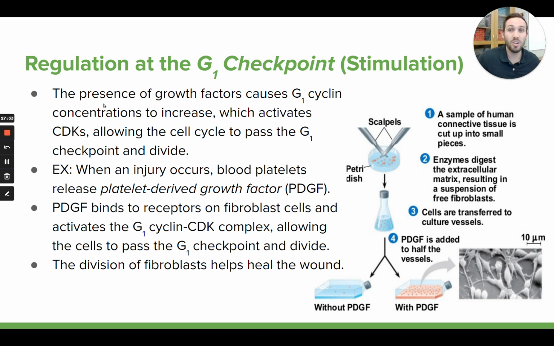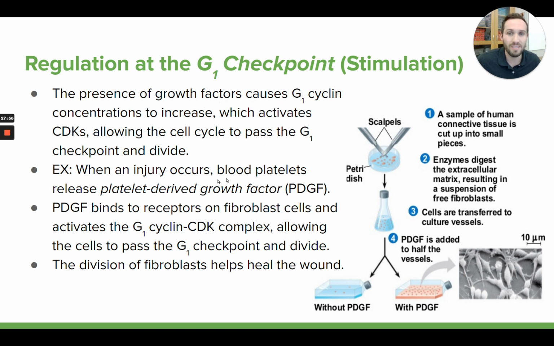So for the G1 checkpoint, here's how a cell might be stimulated. Here's a specific example of a cell being stimulated at the G1 checkpoint, meaning that the cell is being encouraged to, yeah, you should make it past the G1 checkpoint. At the G1 checkpoint, the presence of growth factors, if you guys remember me telling you that is one of the requirements to get past the G1 checkpoint.